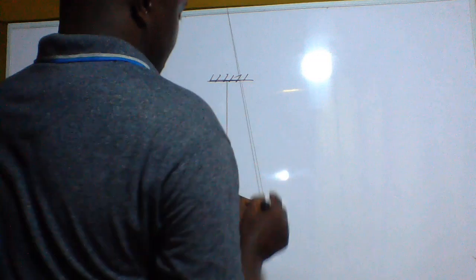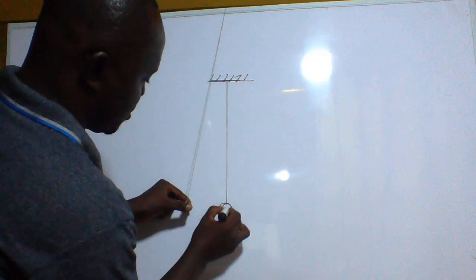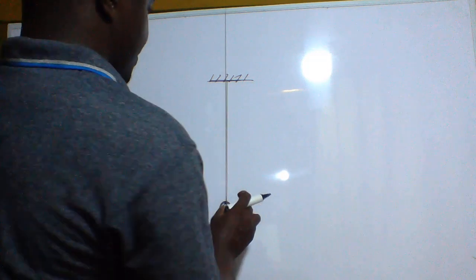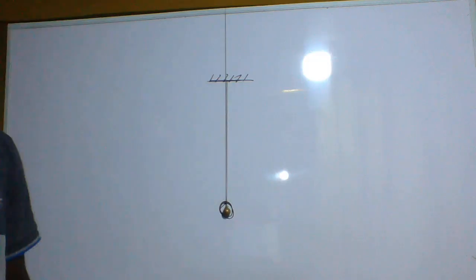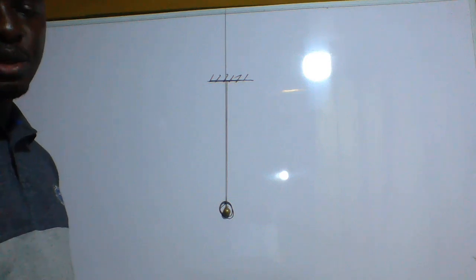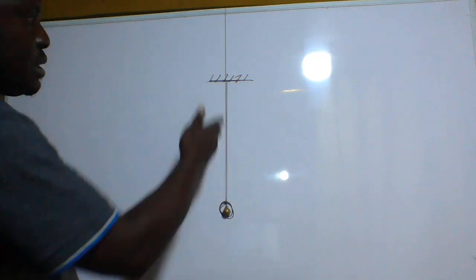The arrangement we have on the board depicts a simple pendulum, just any mass connected by a string and made to oscillate about a fixed point, with the length of the string.